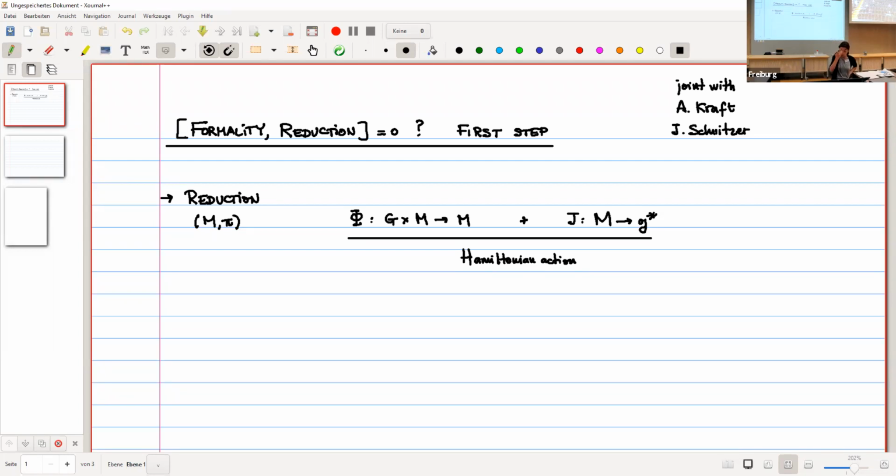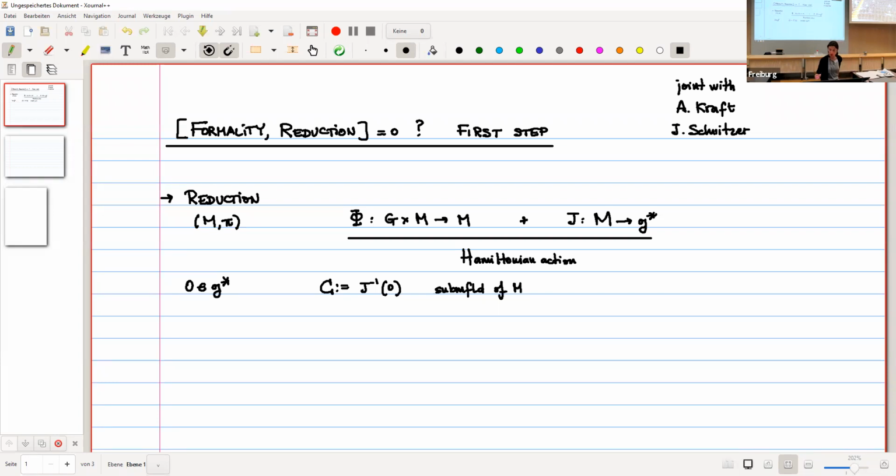So what we do to reduce our manifold, to cut out the symmetries, is that we take a regular value on the dual of our Lie algebra, and then we take the pre-image of this regular value under J. In the case of a regular value, this is a submanifold of M, even a closed and embedded one.